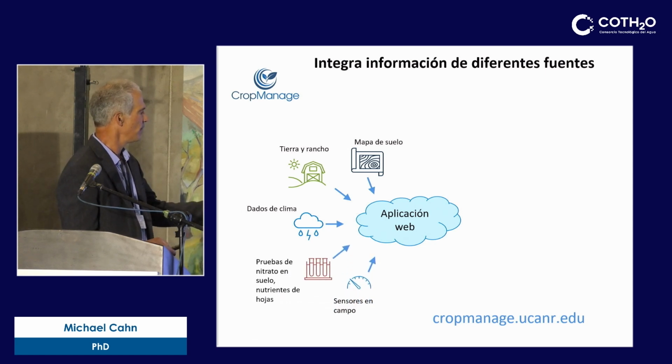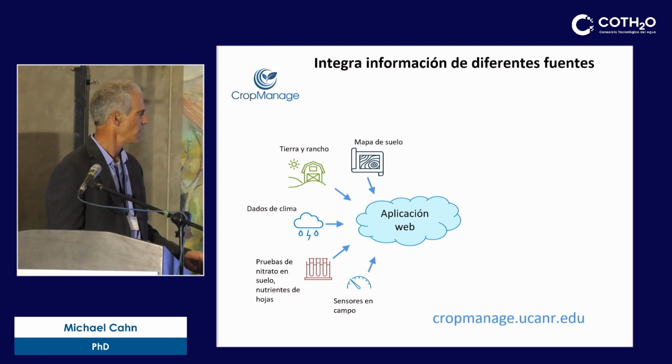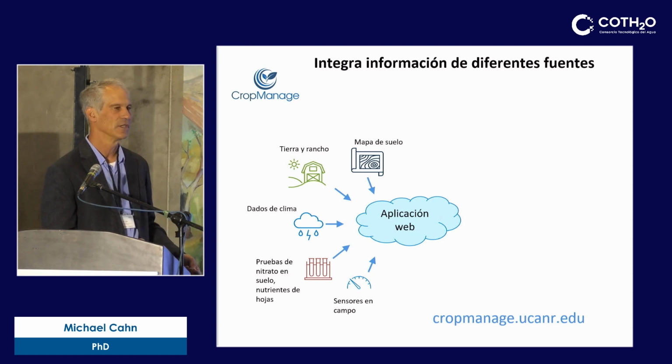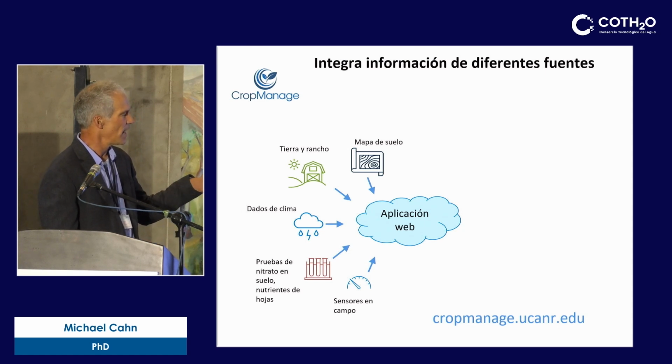And then as you use CropManage through the season, you can enter test results. We can associate it with soil moisture sensors or flow meters in the field. So all this can be held in the database, and that allows you to see how you've set up your farm.